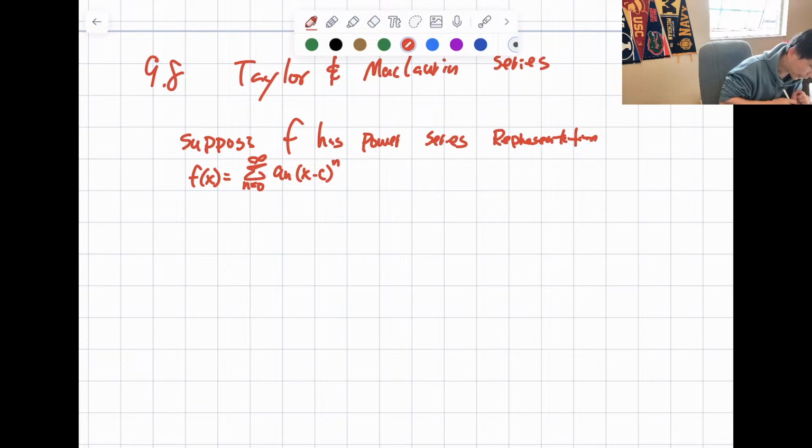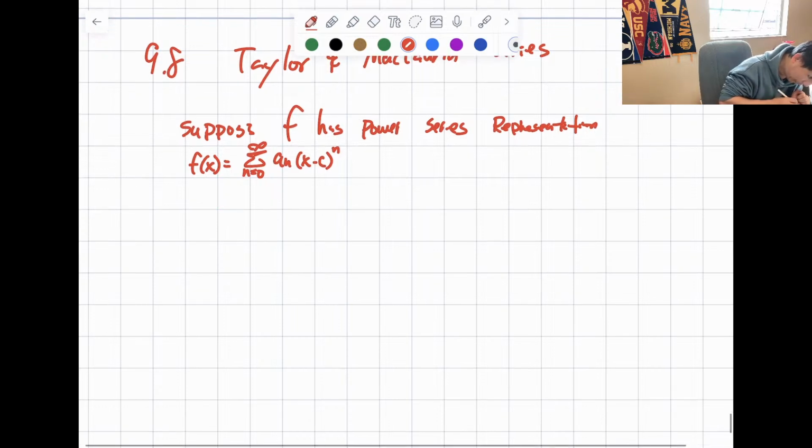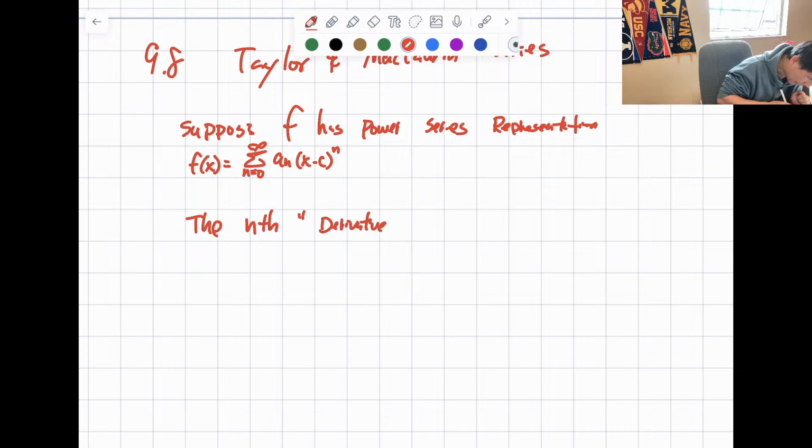So we're gonna take the nth derivative of this thing. If the nth derivative of f exists at c, it will be f^(n) of c.